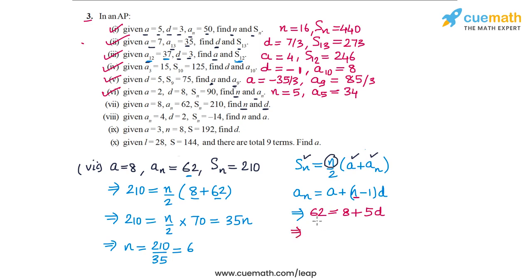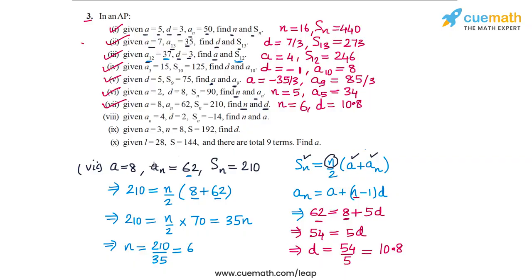And from here we get 62 minus 8 is 54, so 54 is equal to 5d, and hence d is equal to 54 by 5, which is equal to 10.8. So d is equal to 10.8. So the answer to part 7 is that n, the number of terms, is equal to 6, and d, the common difference, is equal to 10.8. So that completes part 7.